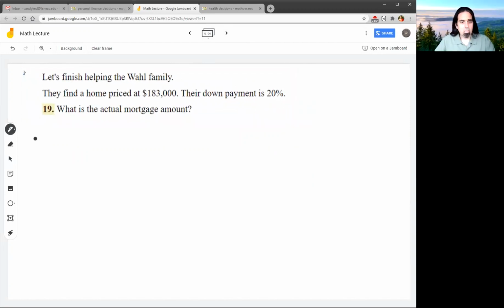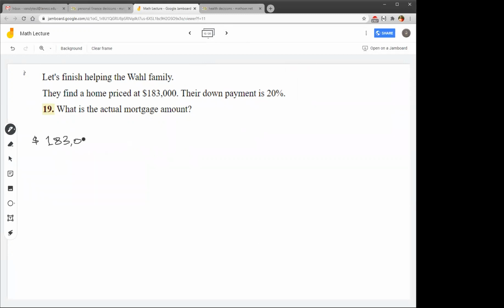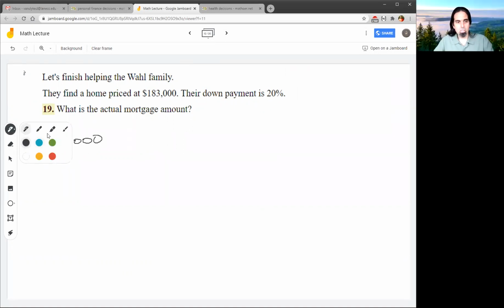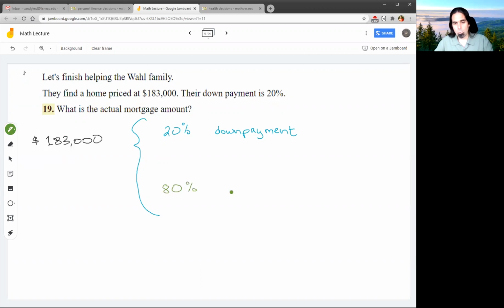So we just decided that they could afford roughly $183,000 of home. We're going to split that up into 20% and 80%. So 20% will be the down payment, and the other 80% will be their loan.